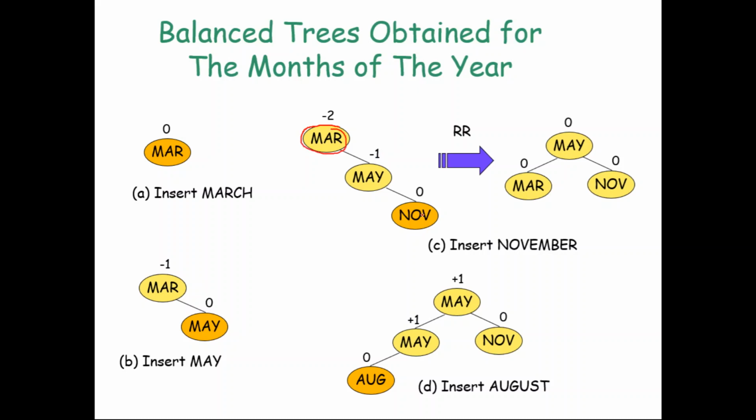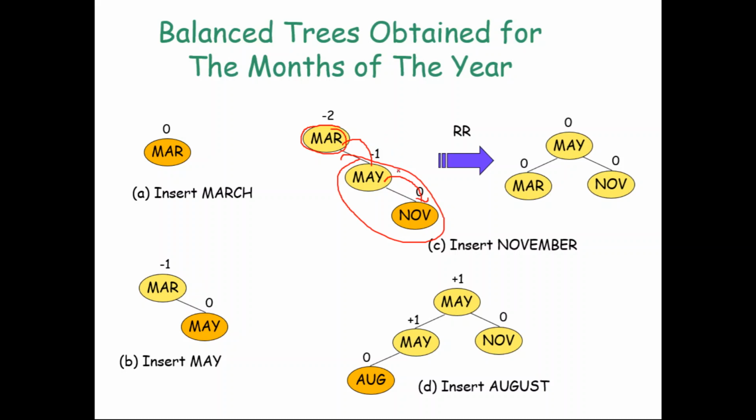So where is November coming? November is coming in the right subtree of the right subtree of March. May is the right subtree of March, and to that subtree, November is coming as a right child.